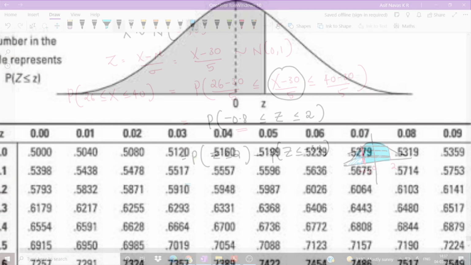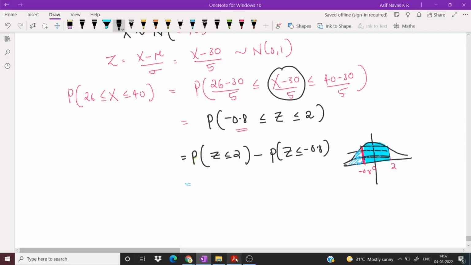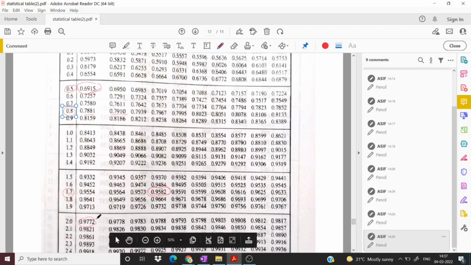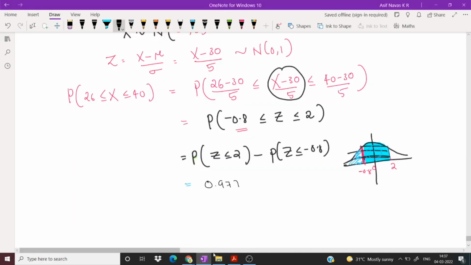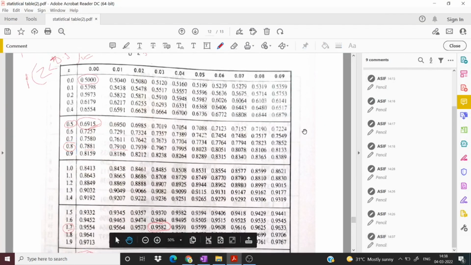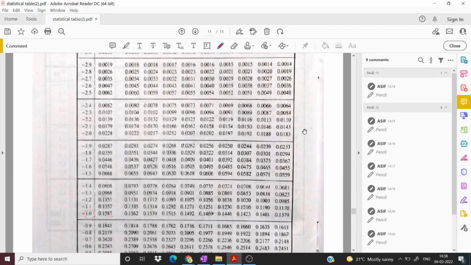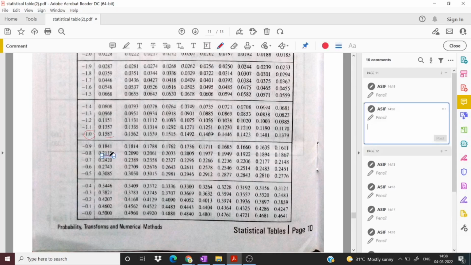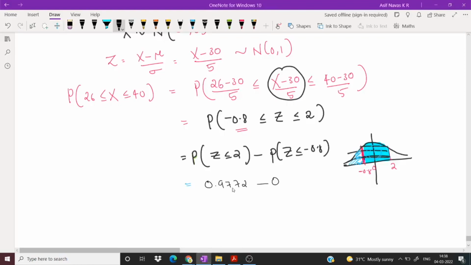Now from the table, P of z less than or equal to 2 is 0.9772, minus, now the next is the negative part, minus 0.8, that is this value, 0.2119.